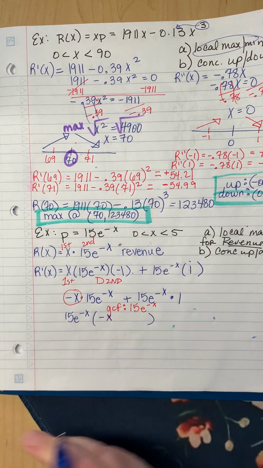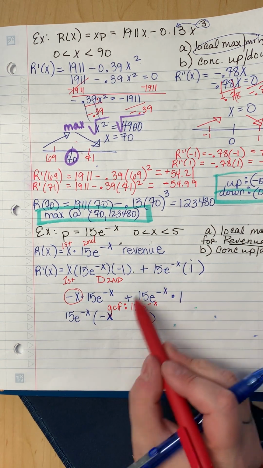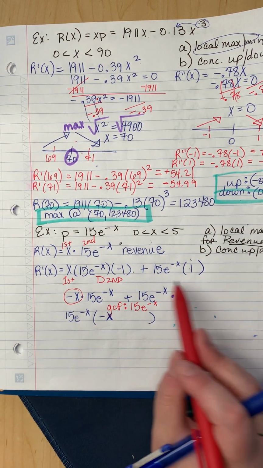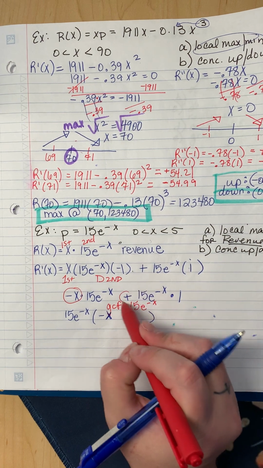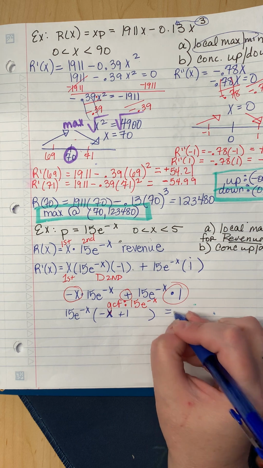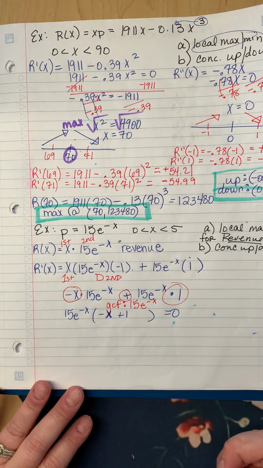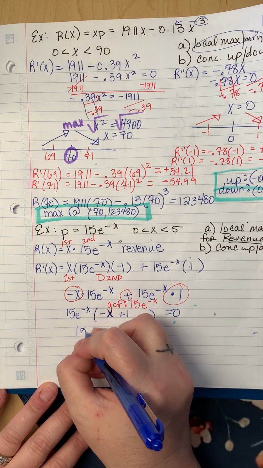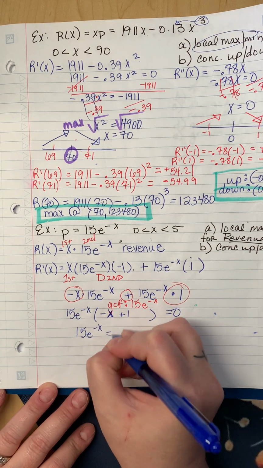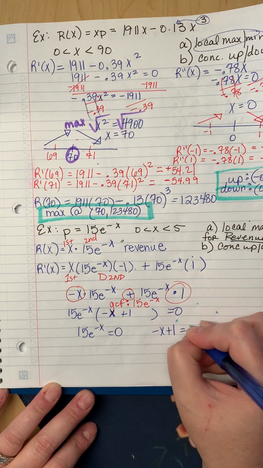If I take away that GCF from this second chunk after the plus sign, all I have left is a plus sign and a number 1. And we are supposed to be putting these equal to 0. So I'm going to have 15e to the negative x equals 0 and negative x plus 1 equals 0.